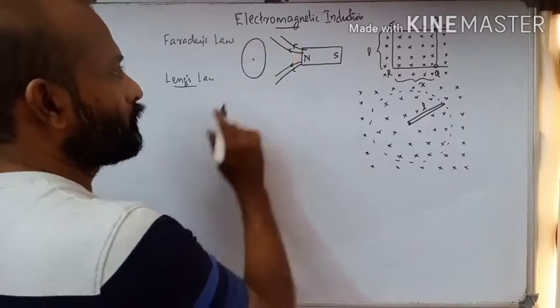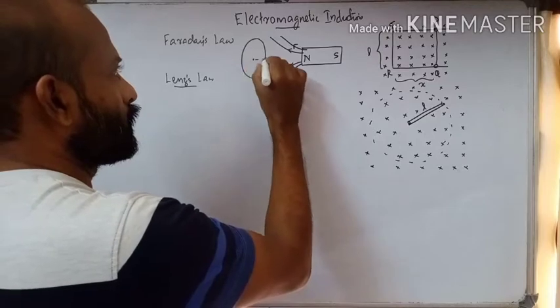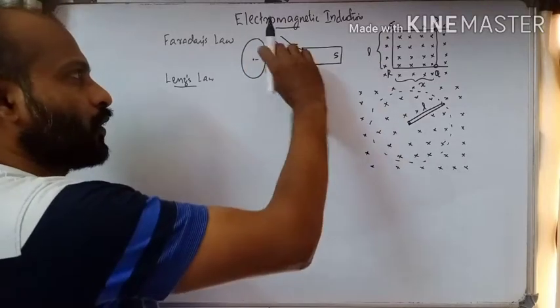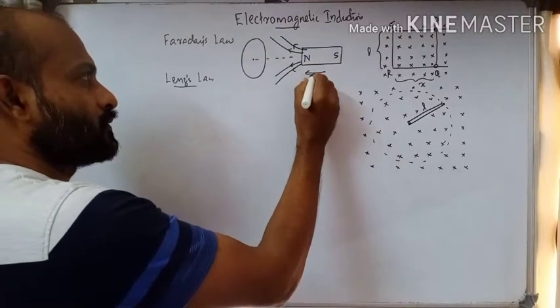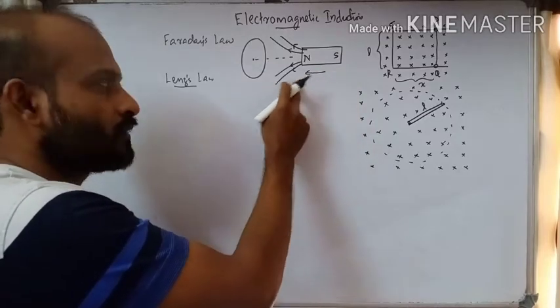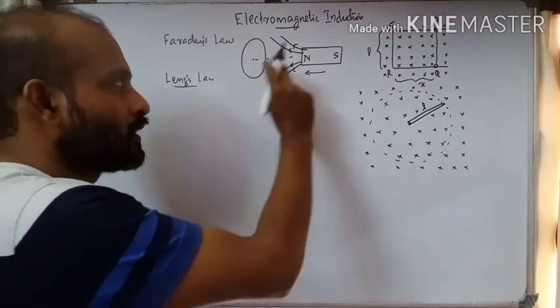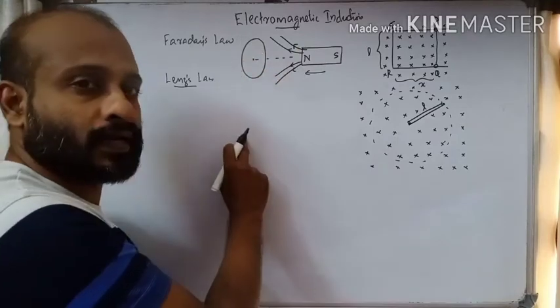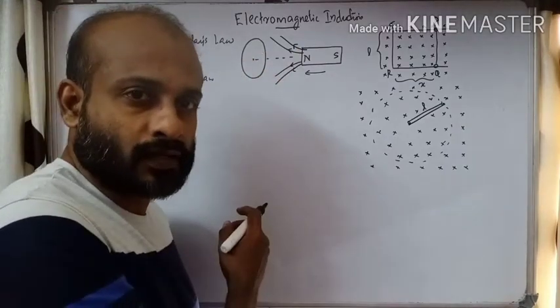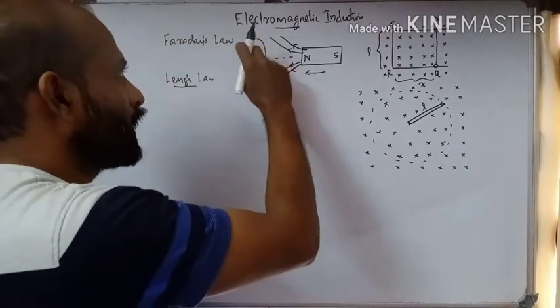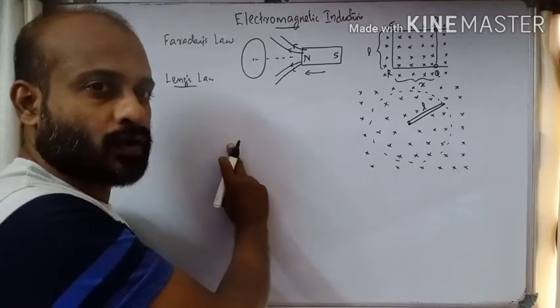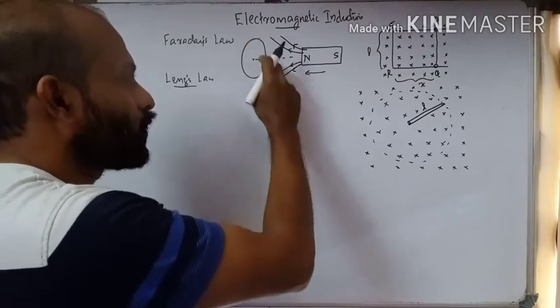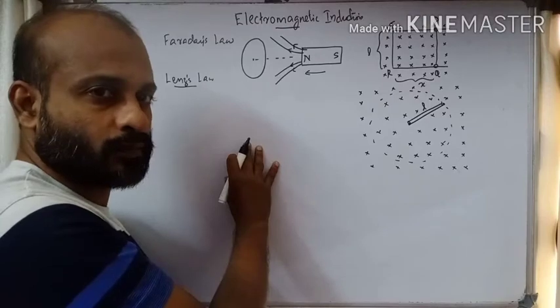The magnet is moving like this, approaching the coil. What happens? The magnetic flux linked to the coil increases. Now an EMF is induced in the closed circuit. It means a current will flow in the closed loop.